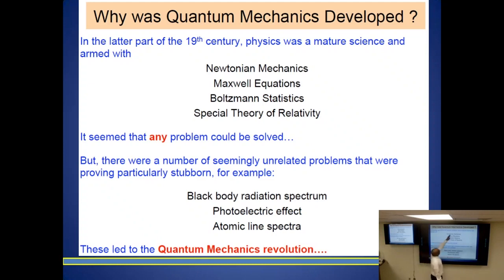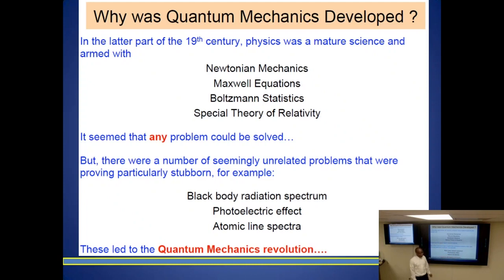In the latter part of the 19th century, that means 1890, 1895, physics was a mature science armed with Newtonian mechanics, Maxwell's equations for electromagnetic theory, Boltzmann statistics for statistical mechanics, and then the special theory of relativity, Einstein, 1905.